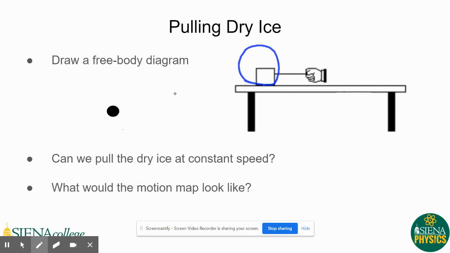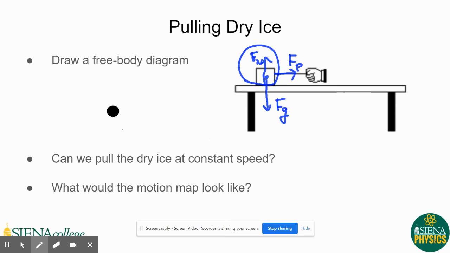And so I've got my force of the normal here from the table. I've got my force of gravity at the center. My arrows should be about the same length. And now I have this force here due to the pull. And so we'll just call it F sub P.